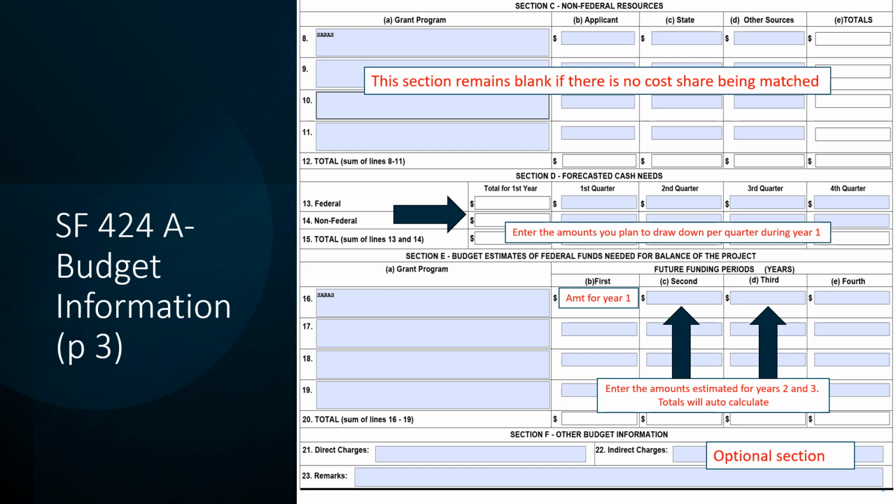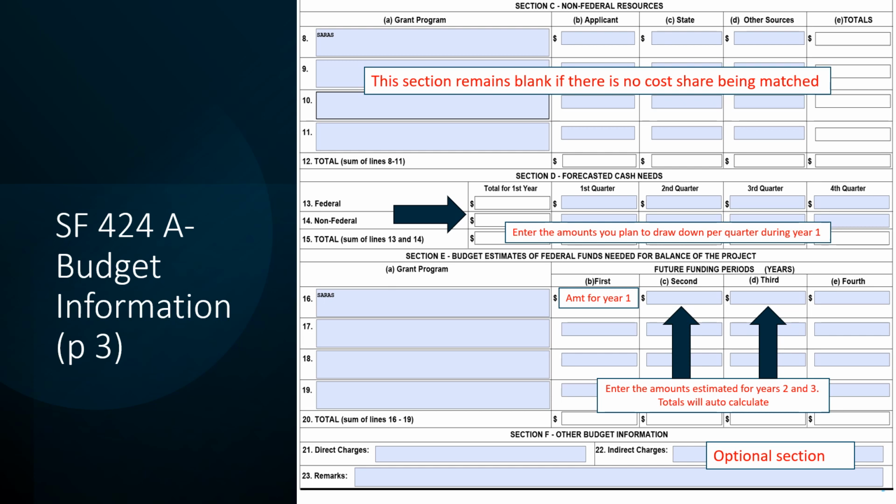And lastly, in section E, you are going to forecast year 2 and 3, so future years funding. So remember, this is a 3-year grant. So in section E, column C, second, you will just anticipate. Let's say you think you're going to request 120,000 next year.